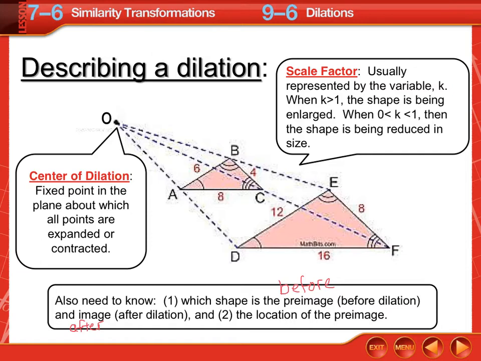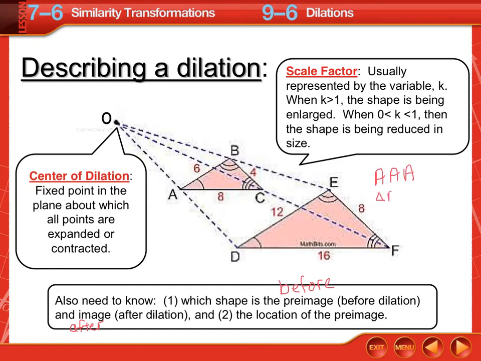In the case of this slide, we can clearly see that we have similar triangles. ABC and DEF are proportional. We could prove that with the sides. We could see all the corresponding angles are congruent, so we know we have similar triangles.